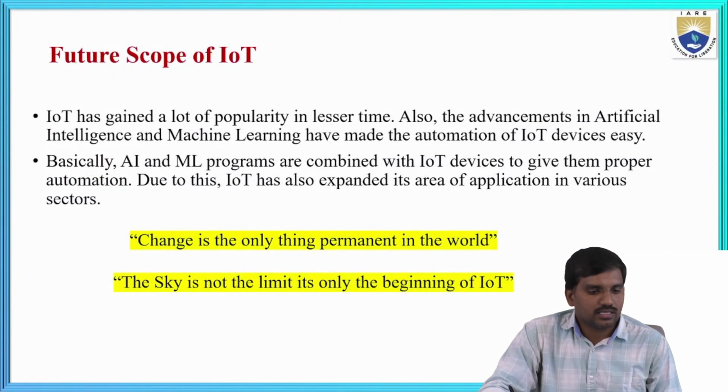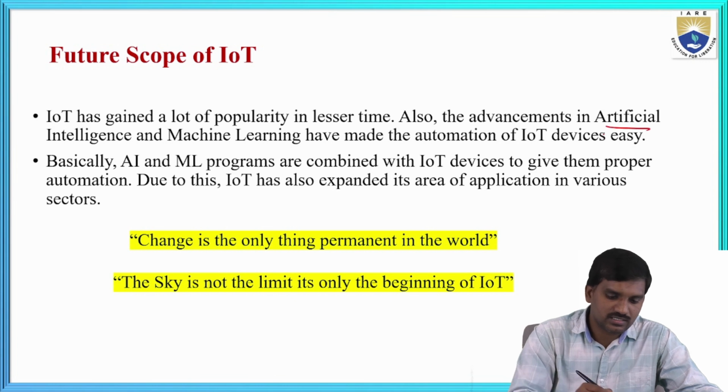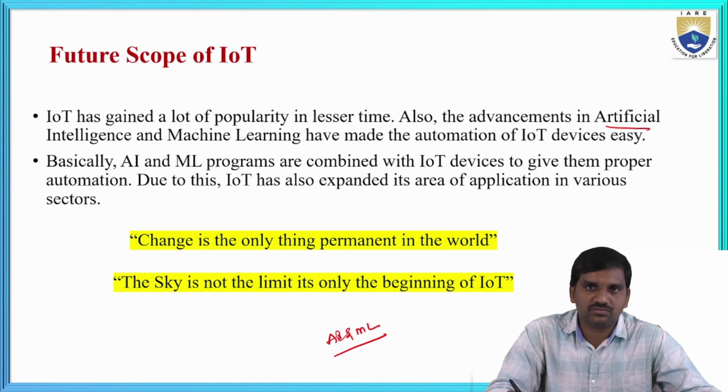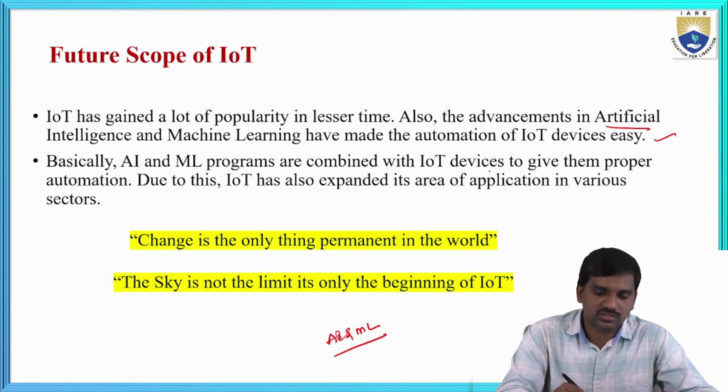And then the last, the future scope of IoT. It has gained a lot of popularity in lesser time, along with advancement in artificial intelligence, AI and ML. In AI and ML also, the involvement of the Internet of Things is essential. They have made the automation of IoT devices easy. Basically, AI and ML programs are combined with IoT devices to give them proper automation.